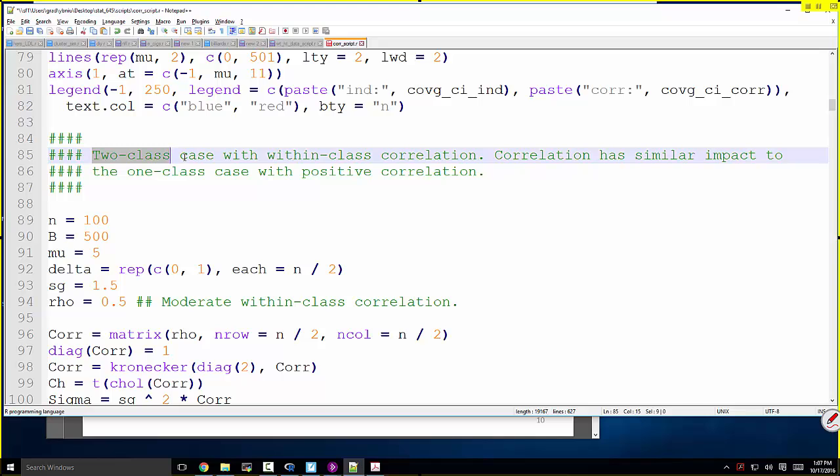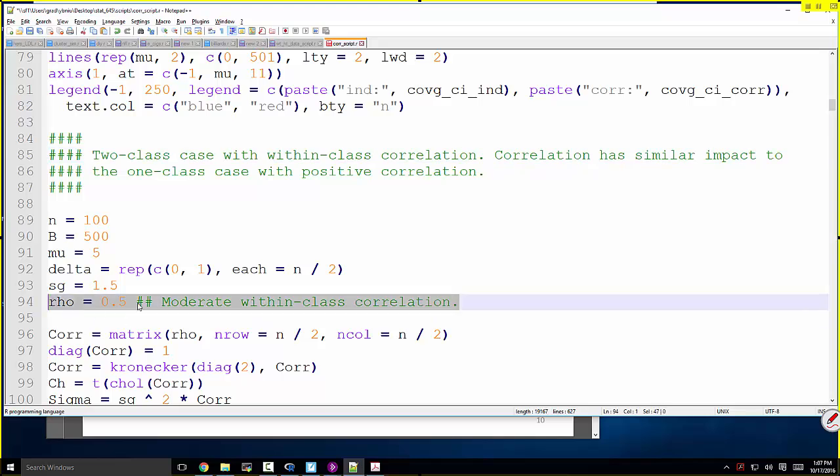So I'm going to simulate data such that there is, to the tune of rho equal 0.5 pairwise correlation in the treatment group and rho 0.5 pairwise correlation in the control group. There's no correlation between, but there is correlation within.